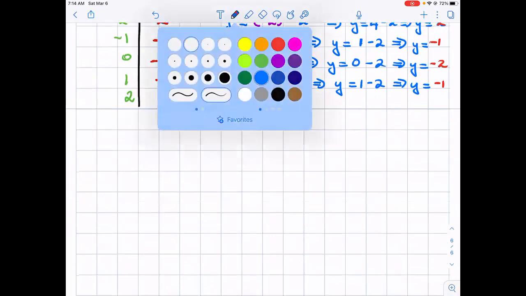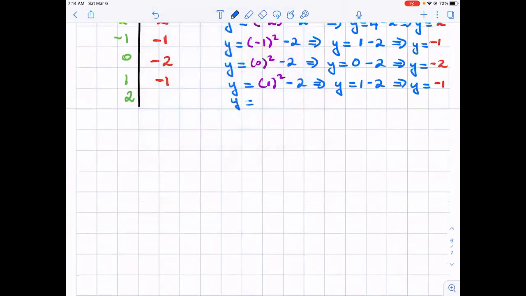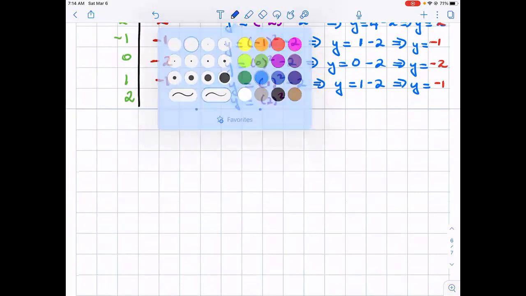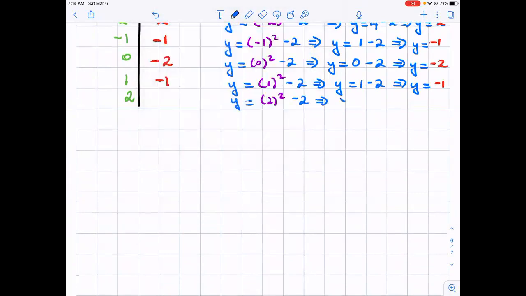And then the last value we'll plug in is 2, so 2 squared minus 2, so we have y is equal to 4 minus 2, so y is equal to 2.